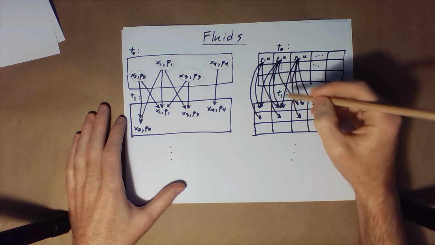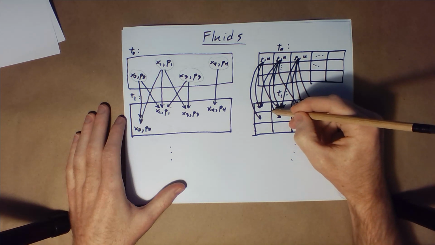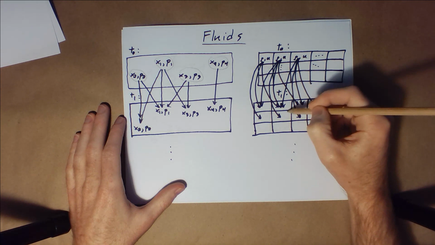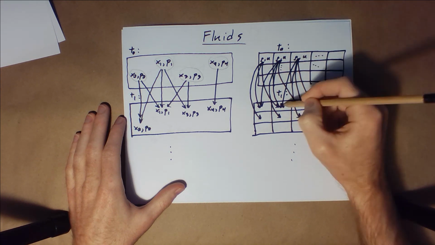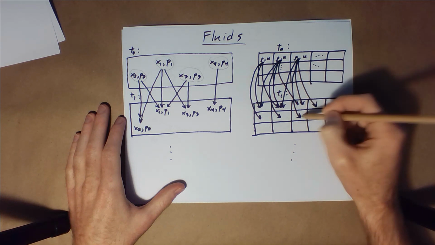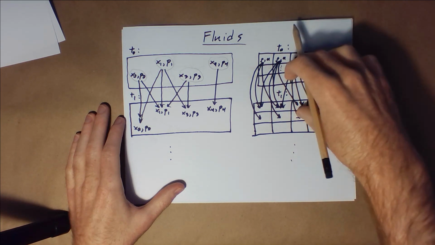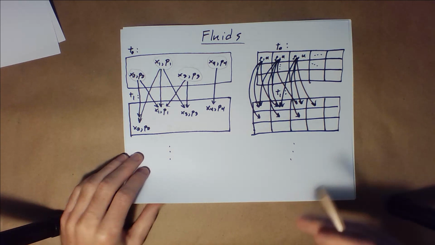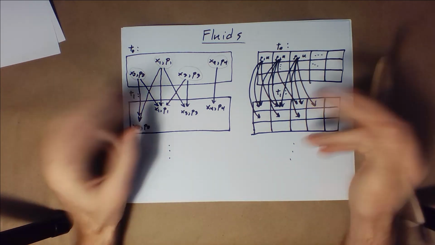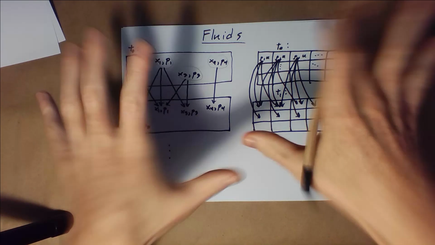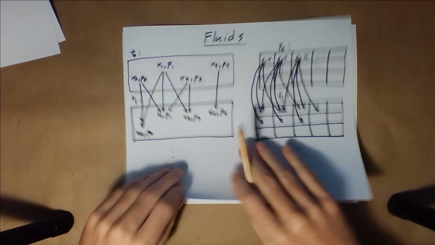So the average density and velocity within this cell at time 1 is going to be determined by the momentum and densities in its neighboring cells at the previous time. So each cell is interacting with its neighboring cells in the next time step. And again, both of these are models that in some sense work. We use them, right? They're causal models at different levels of abstraction, and they both work.